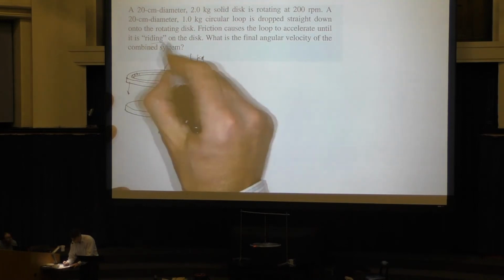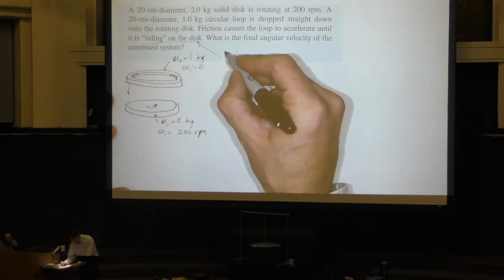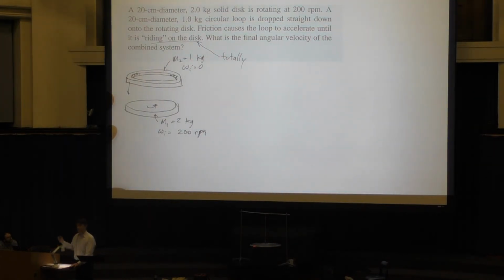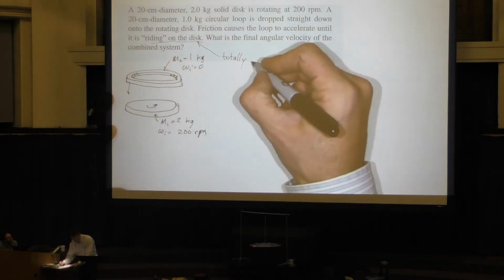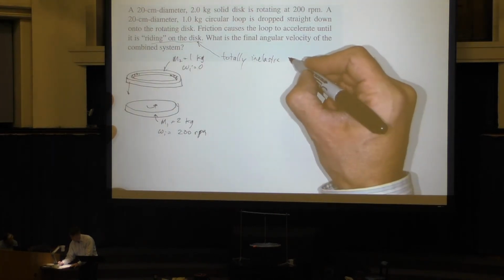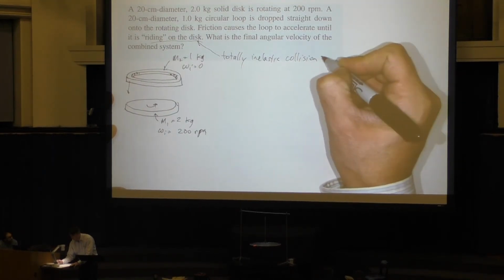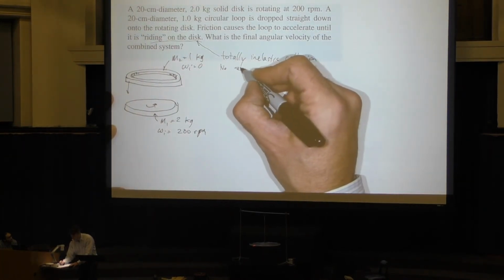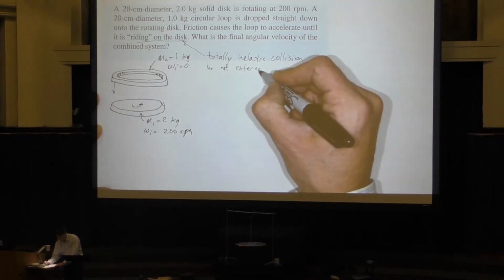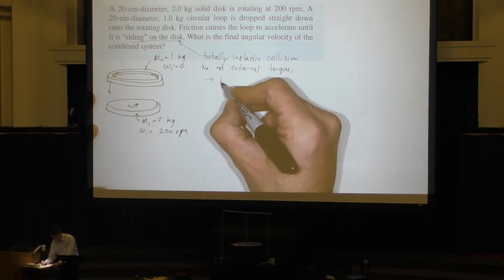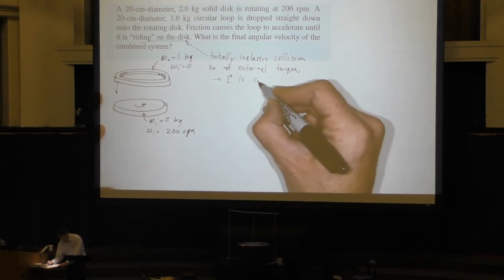So this is a totally inelastic collision because originally these two things are moving relative to each other, and then when they collide, they stick together. So there'll be some kinetic energy lost, but the momentum will be the same. There's no net external torque, and so therefore L, angular momentum, is conserved.